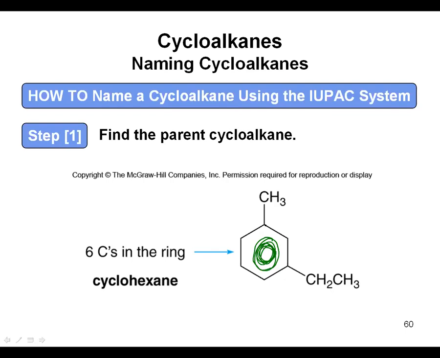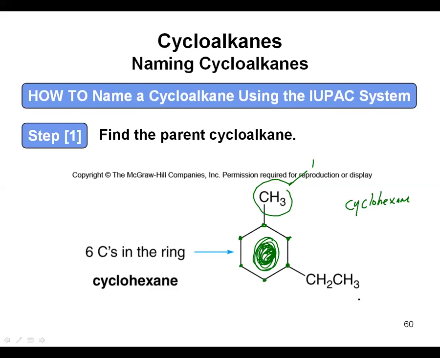Again, it is 1, 2, 3, 4, 5, and 6 carbons together, which is where the hexane part comes in. The cyclo, because it's a ring. Just like the other thing, we do have some groups attached. We have a methyl group, and we do have an ethyl group here.